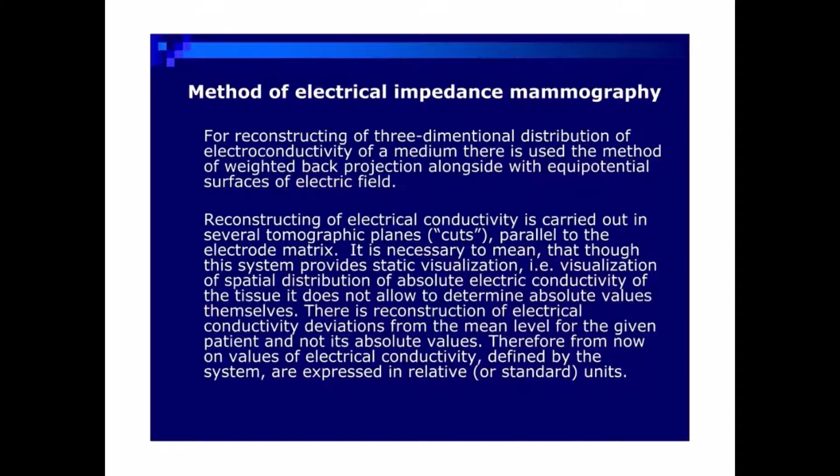It is necessary to note that though this system provides static visualization, i.e. visualization of spatial distribution of absolute electric conductivity of the tissue, it does not allow determining the absolute values themselves. There is reconstruction of electrical conductivity deviations from the mean level for the given patient, and not its absolute values. Therefore, from now on, values of electrical conductivity defined by the system are expressed in relative, or standard, units.